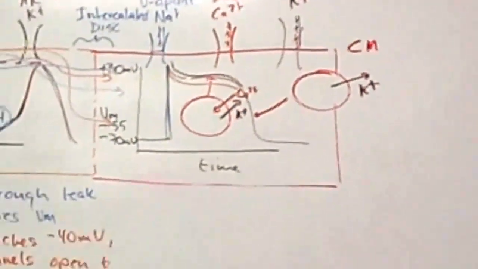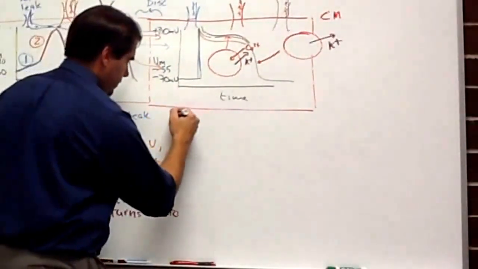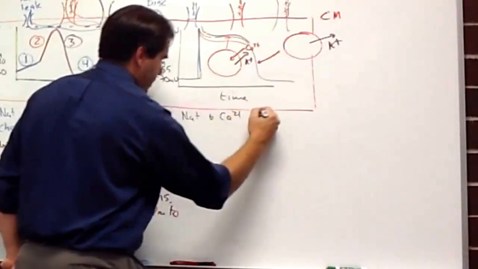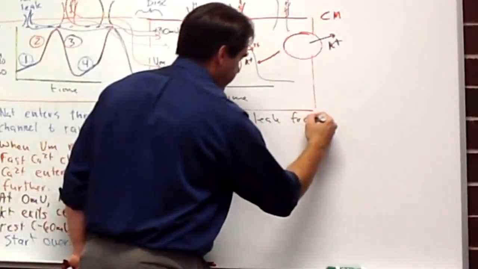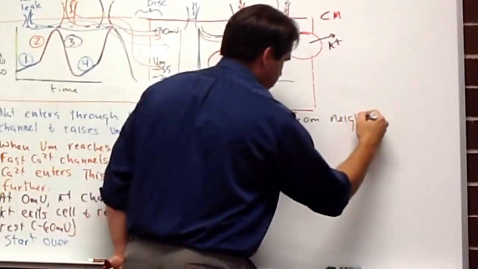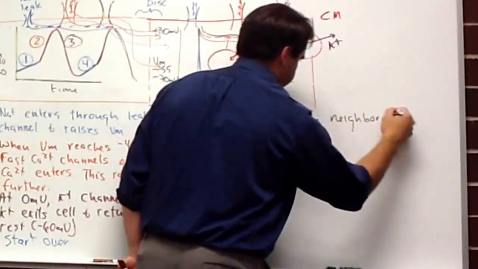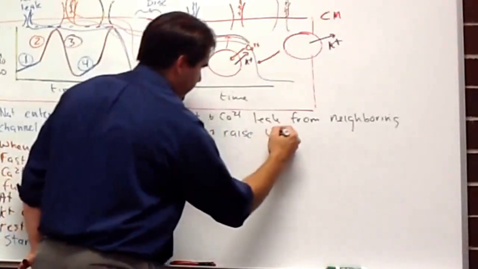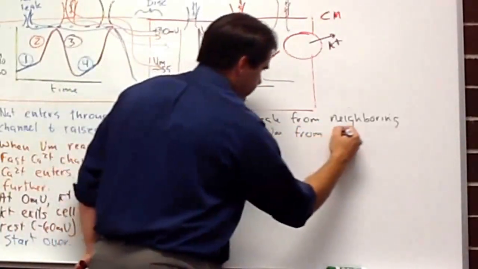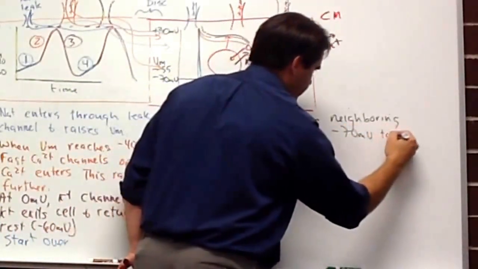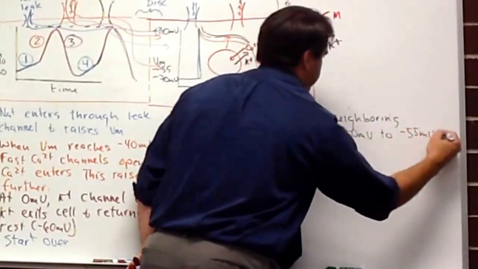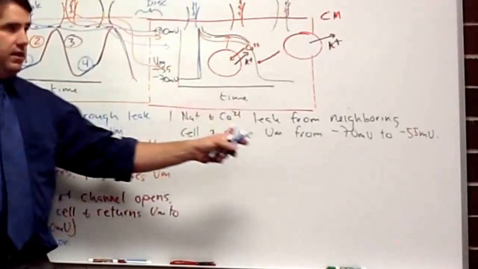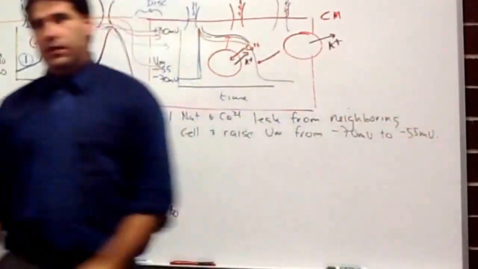So the first step is sodium and calcium leak from neighboring cell and raise VM from -70 to -55. Now the reason I use neighboring cell, again, is it's not always the AR cell that stimulates the next cell. It could be this muscle cell stimulating the next muscle cell too.